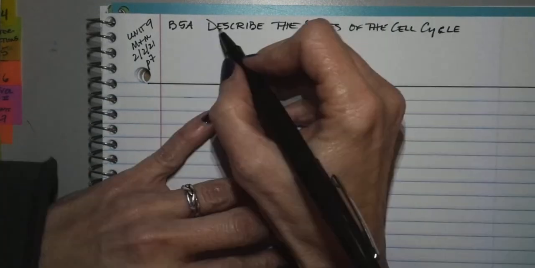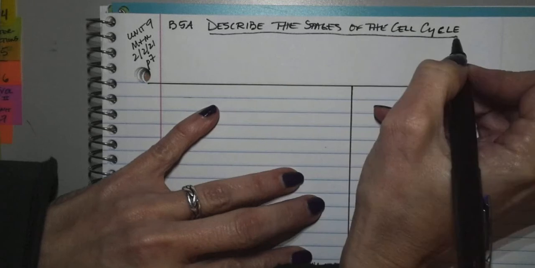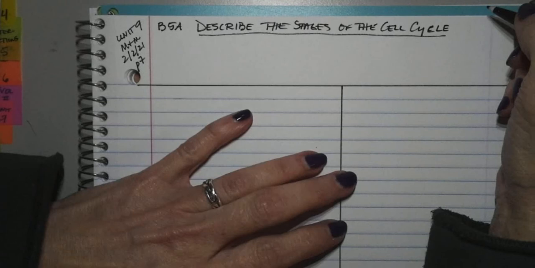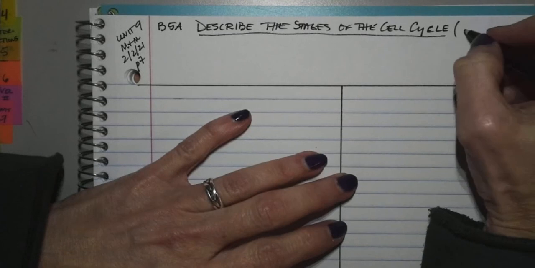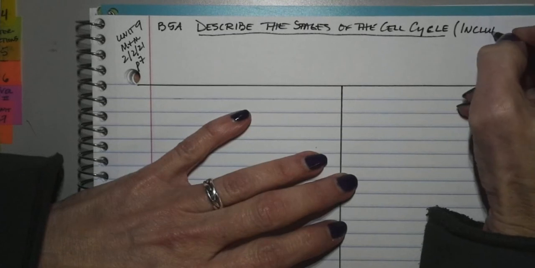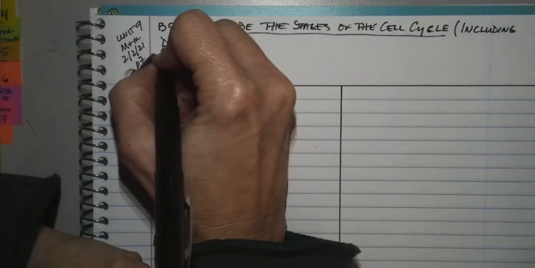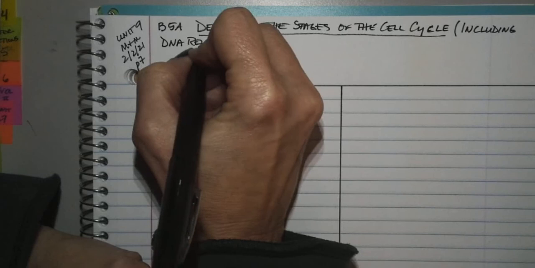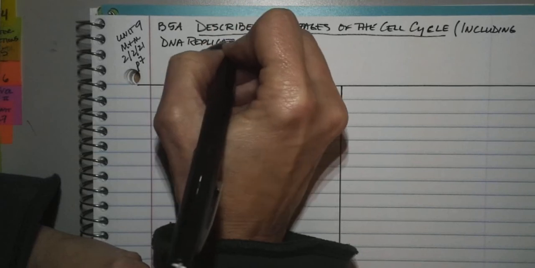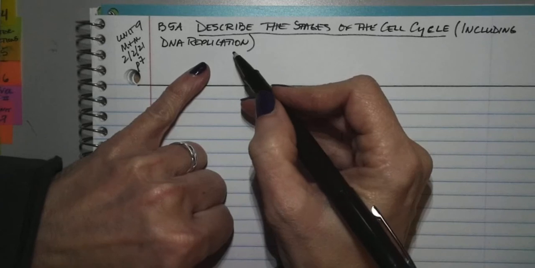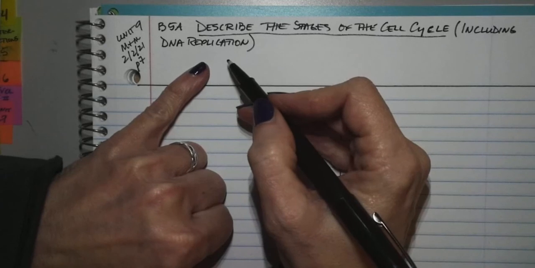Now, I'm going to put some of these pieces in parentheses because the first one says including DNA replication. We're not going to really cover that right now. We're going to talk about it when we talk about protein synthesis because it actually makes more sense to discuss that at that time to explain how it works.